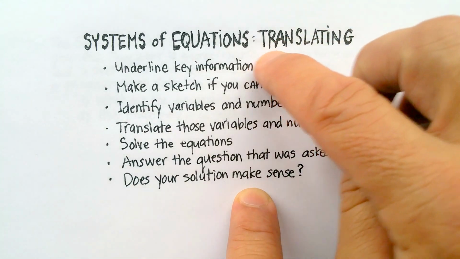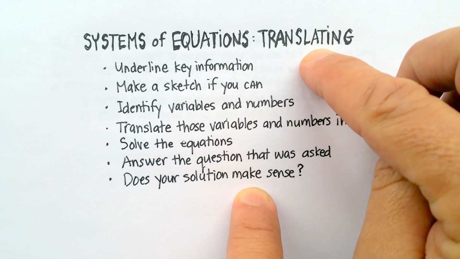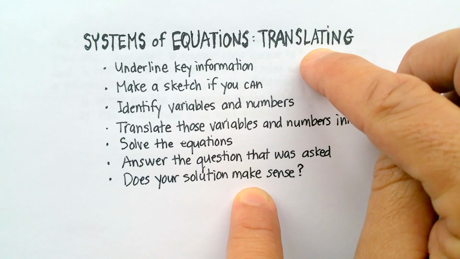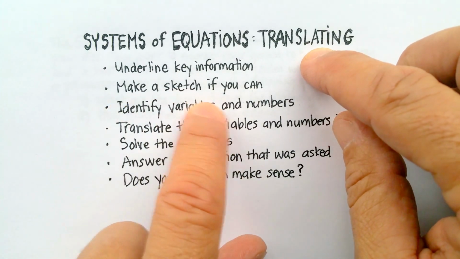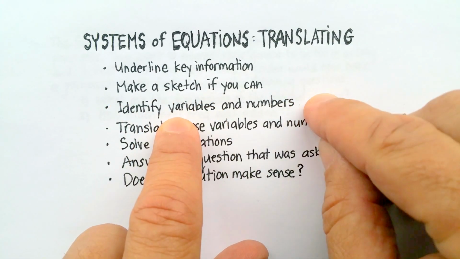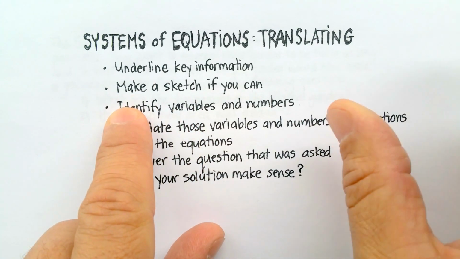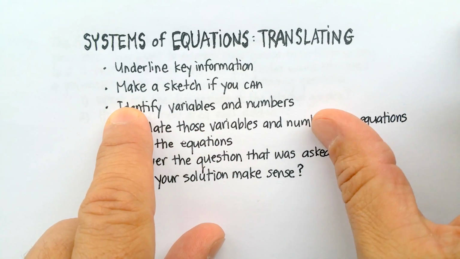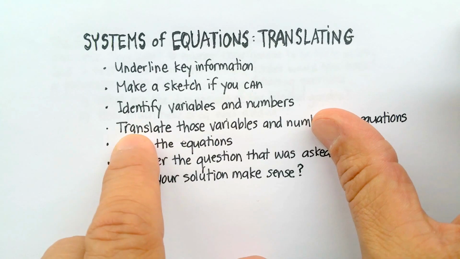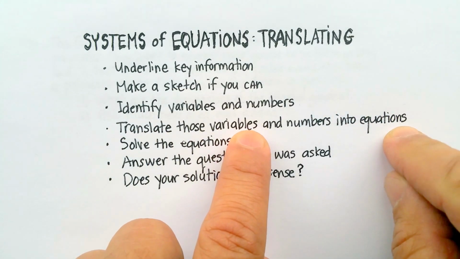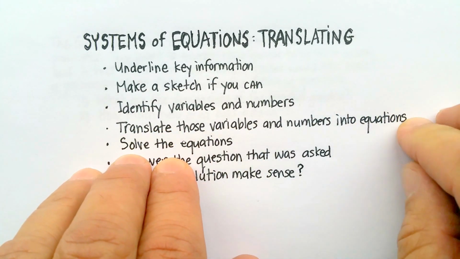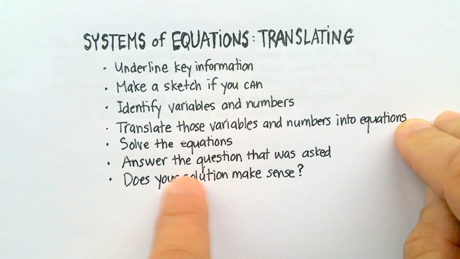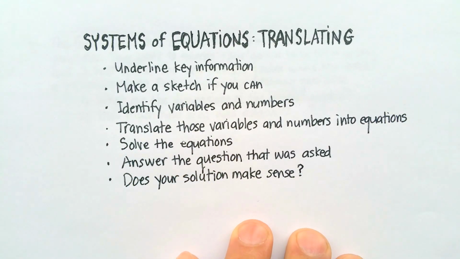Okay, so again, underline quantities and shapes and sizes, that sort of thing. Sketch if I can. Try to put numbers and variables into descriptions. Then I translate them into equations by using the operations, solve, and then go back and see if what I've solved makes sense. That's just kind of the basic things that I do.